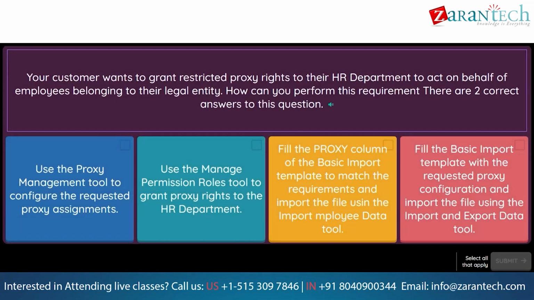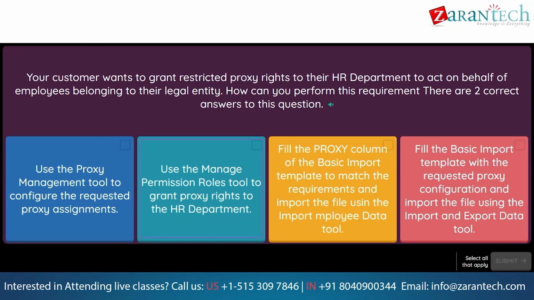Question: your customer wants to grant restricted proxy rights to their HR department to act on behalf of employees belonging to their legal entity. How can you perform this requirement? There are 2 correct answers to this question. Option 1, use the proxy management tool to configure the requested proxy assignments.